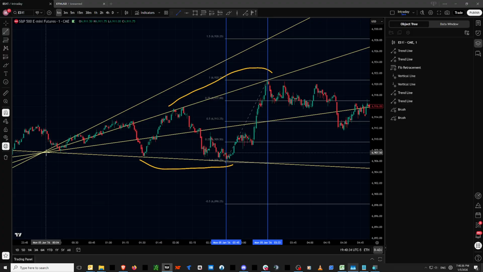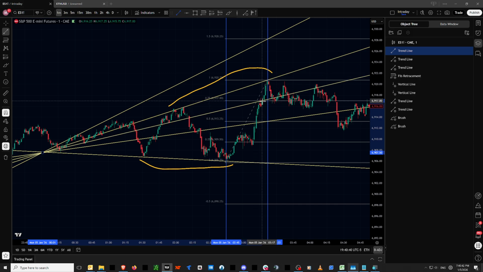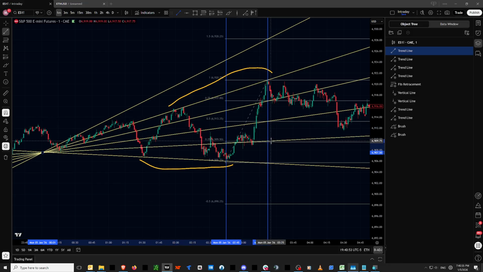I'm also going to do the quarters. So here's the 75. Here. There's a lot of lines, I know. That's why I say this is confusing to a lot of people. Here's the 25%.